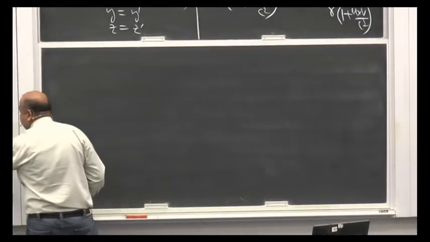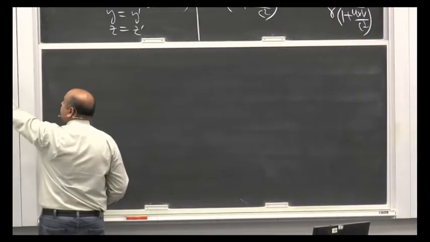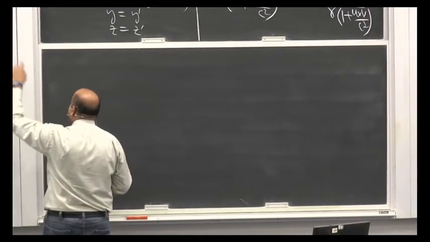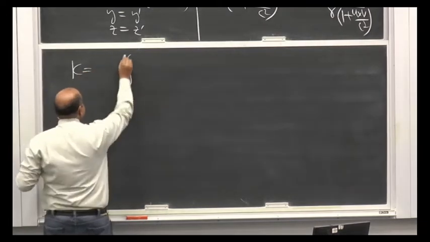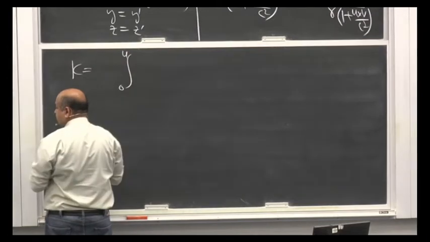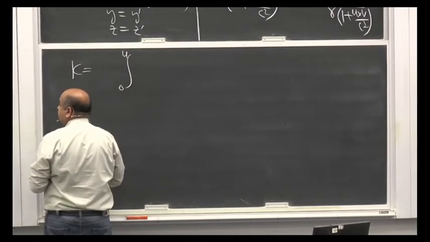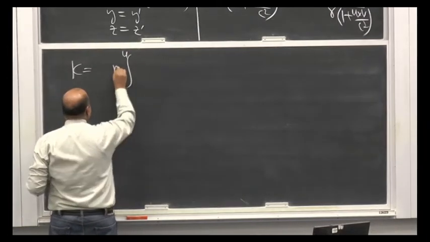So let me put this F in the expression for K. So now K is the integral from 0 to u, and m gets out.